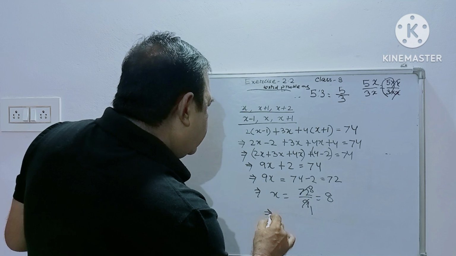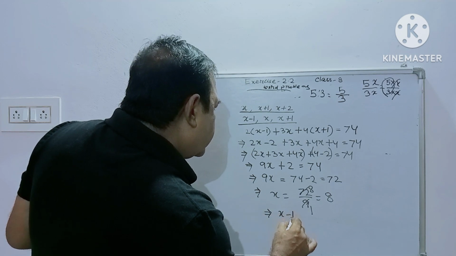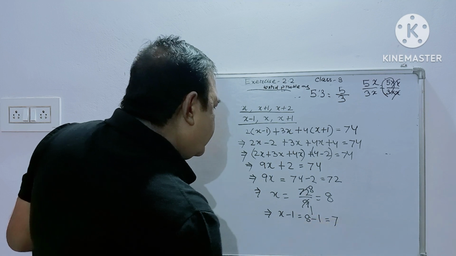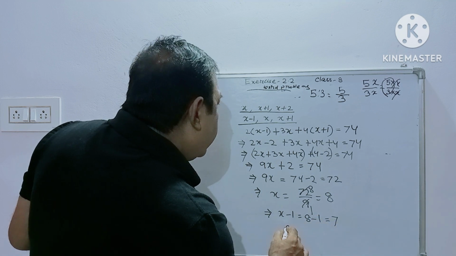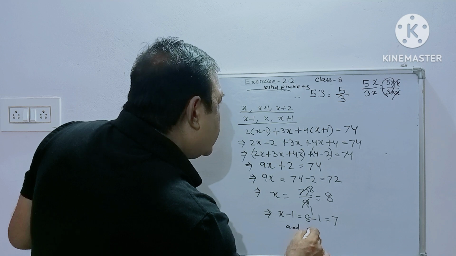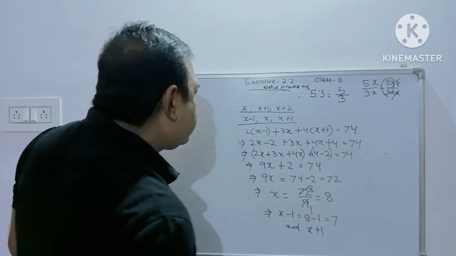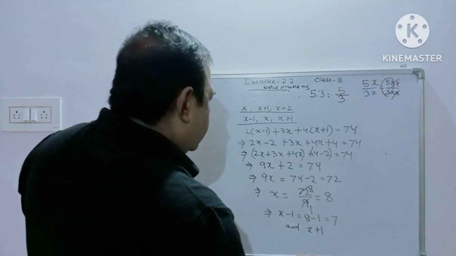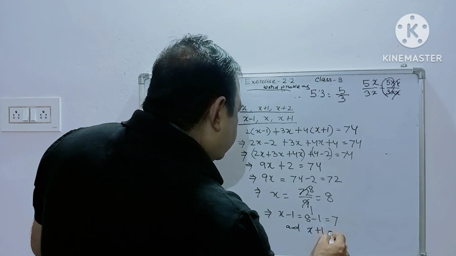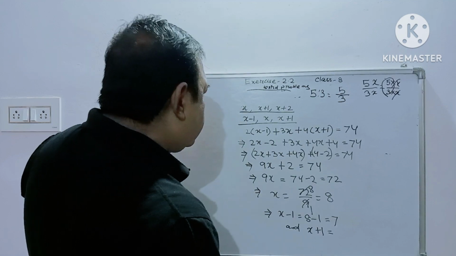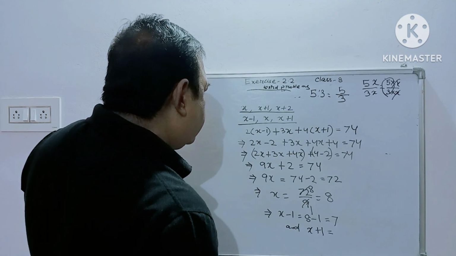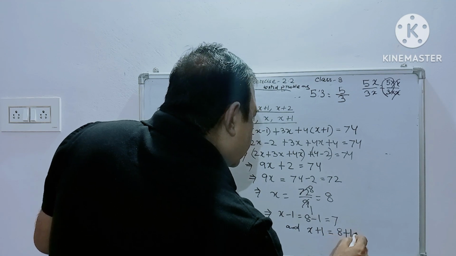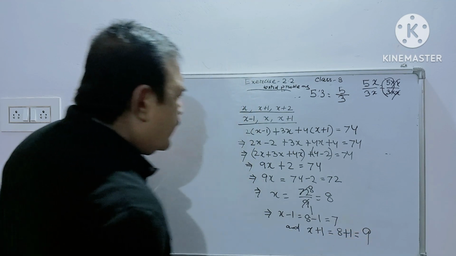What is the value of x minus 1? That is 8 minus 1, equal to 7. And x plus 1 is 8 plus 1, that is equal to 9.